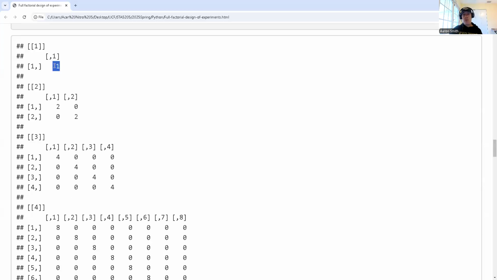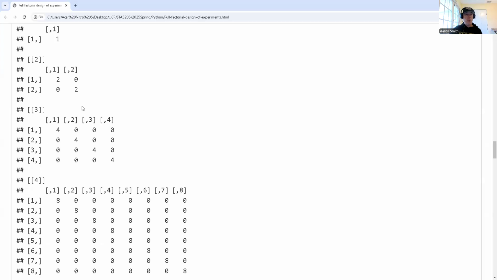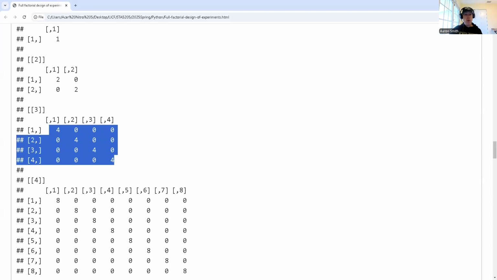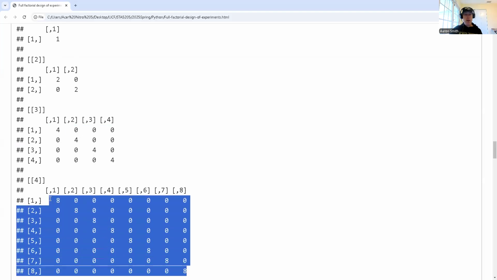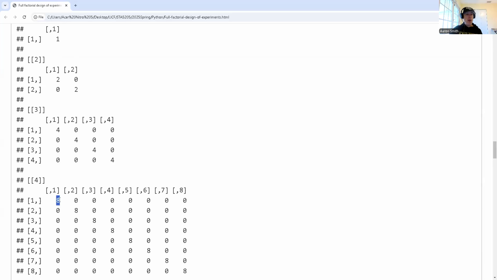All right, the first case is trivial. That doesn't really matter. But now see, I've got a 2 by 2 matrix, and it's diagonal. I have a 4 by 4 diagonal matrix. I have an 8 by 8 diagonal matrix, and you'll notice that the number of observations in the design, distinct observations, is what's on the diagonal every single time.